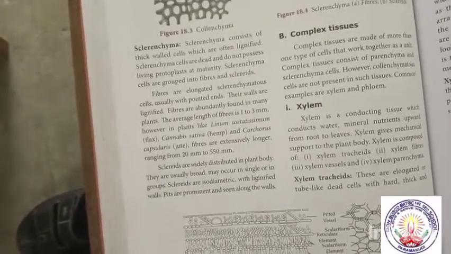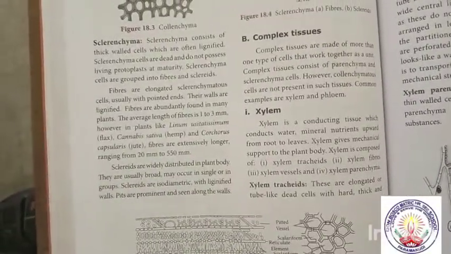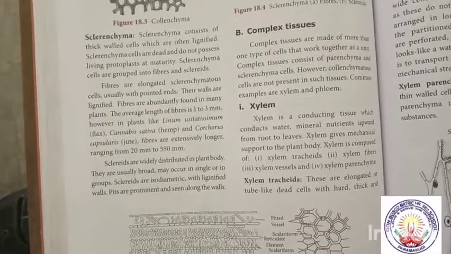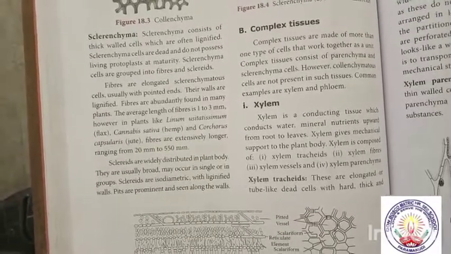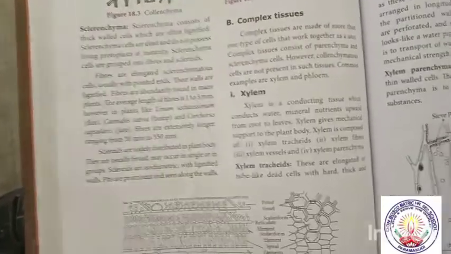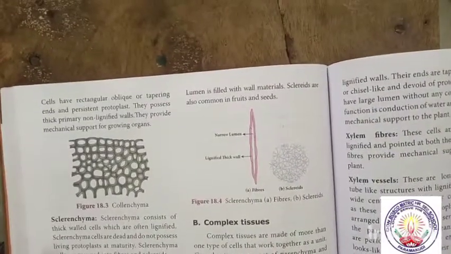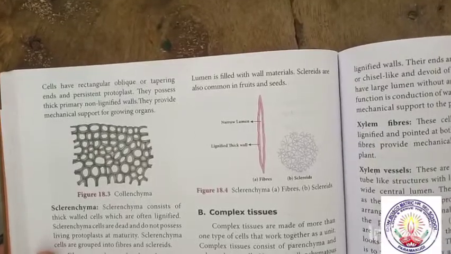They are usually broad, and may occur singly or in groups. Sclereids are isodiametric with lignified walls. Pits are prominent and seen along the walls. Lumen is filled with wall materials. Sclereids are also common in fruits and seeds.